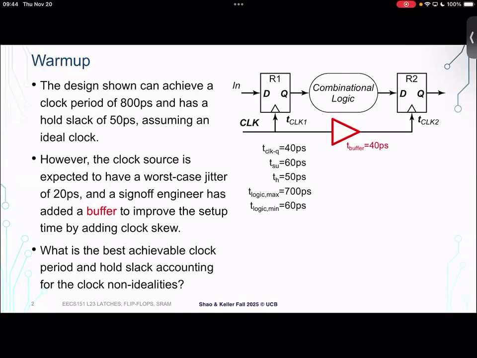You can think of setup time as the data and the clock racing to the capture flop at the next clock edge, and the data needs to get there first. If it doesn't, that's a setup time violation. Hold time is the data and the clock racing to the capture flop on that same clock edge that launched the data. This time the clock needs to get there first. If the data is too fast, that's a hold time violation.